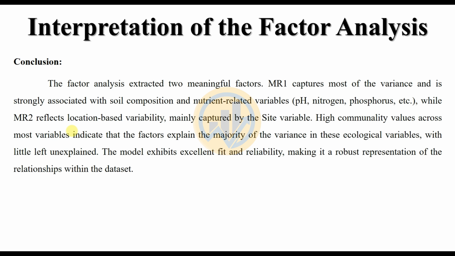High communality values across most variables indicate that the factors explain the majority of variation in those ecological variables, with little left unexplained. The model exhibits excellent fit and reliability, making it a robust representation of the relationships within the dataset.